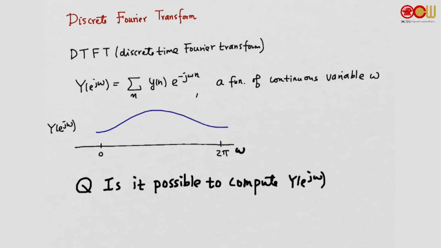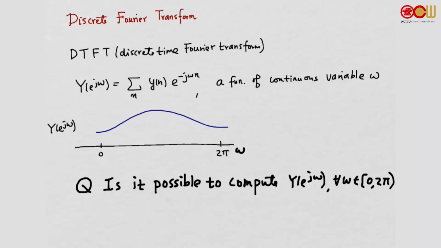First, maybe we can ask how many omega are there in the 0 to 2 pi range?